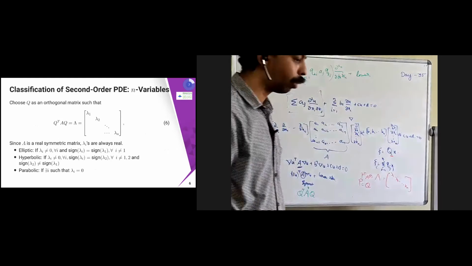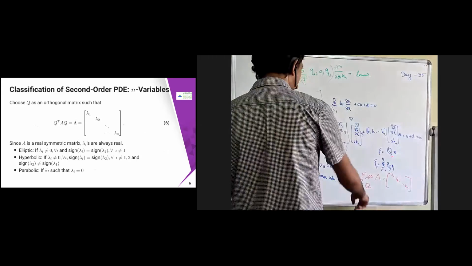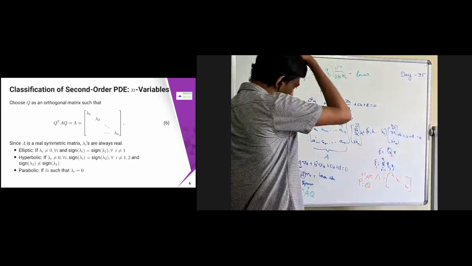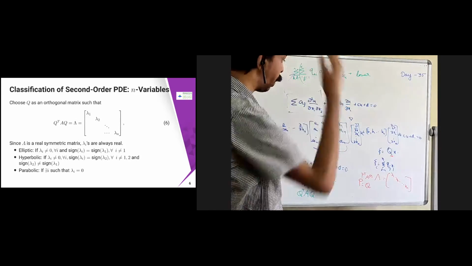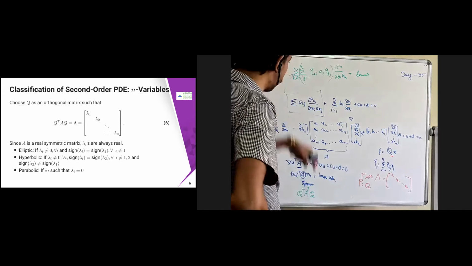Now the lambdas are nothing but the eigenvalues of the matrix here. So depending on lambda 1, lambda 2, up to lambda n, I can classify my equation.